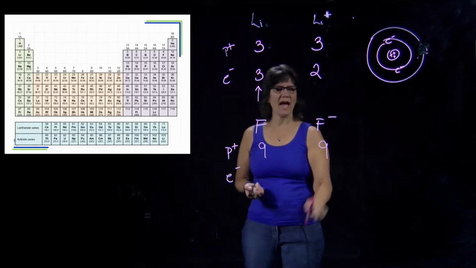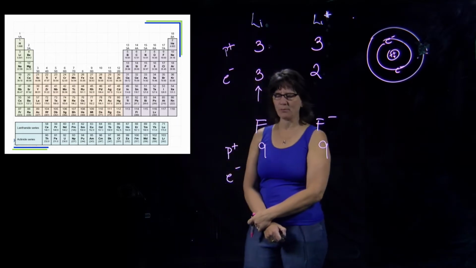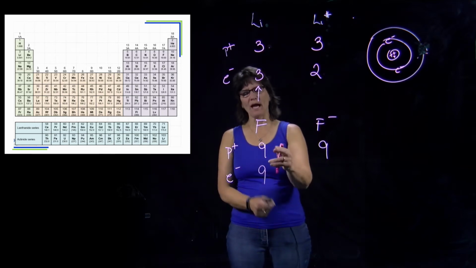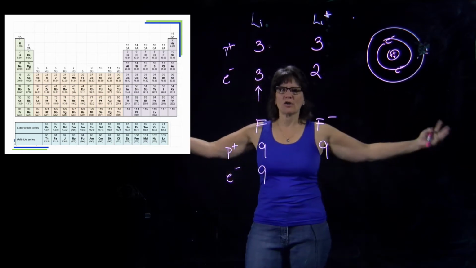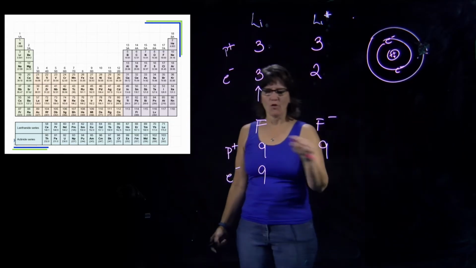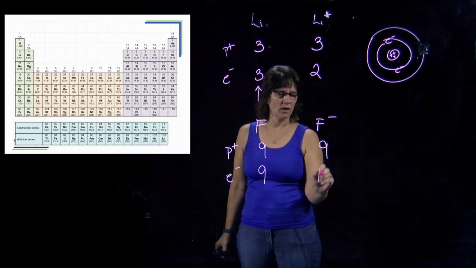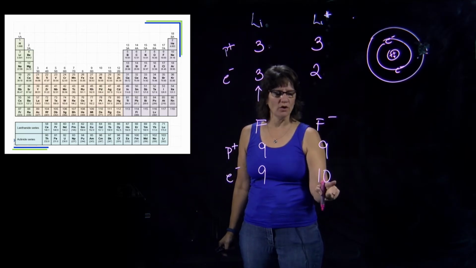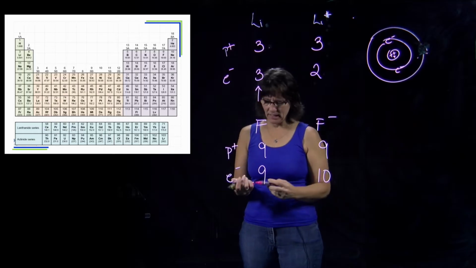Whether it's fluorine the atom or fluorine the ion, it has 9 protons. Fluorine the atom will have 9 electrons. So those 9 protons in the nucleus are attracting all those electrons in the shells out to there. Now over here I'm adding one more electron. So now I've got those 9 protons trying to hold on to 10 electrons.